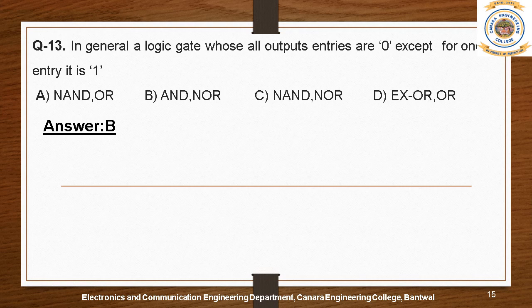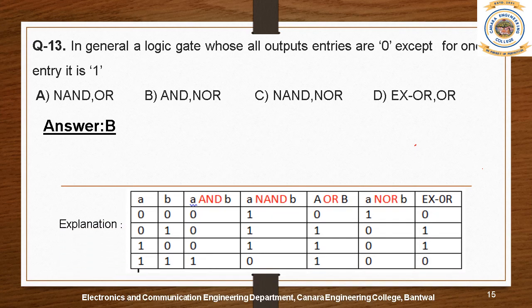So whichever entry is 1 for OR, the negative of that will be NOR. You can see the truth tables. For which combination of A and B, NAND, only this is 0. All output entries are 0 except one entry is 1.